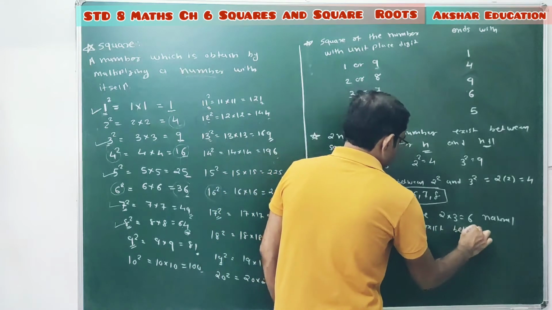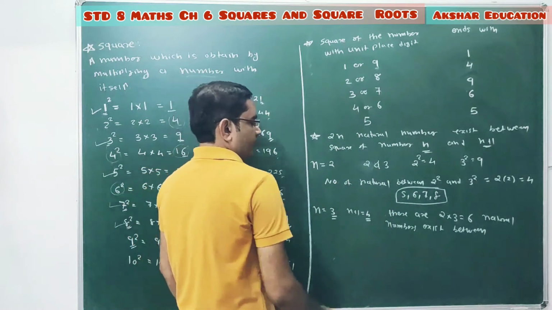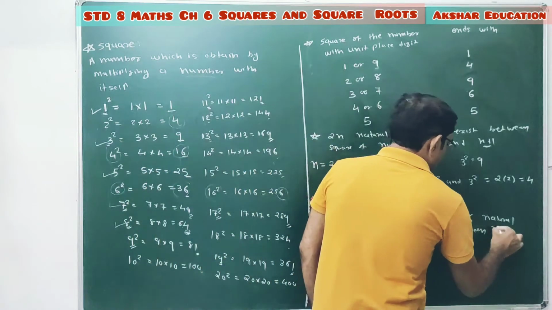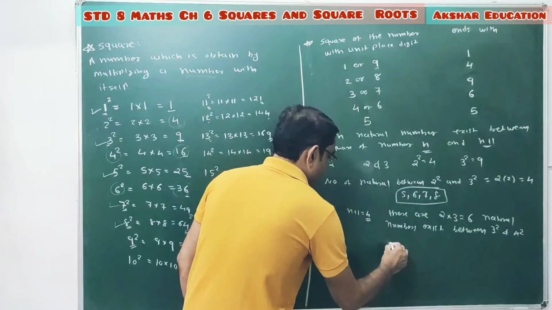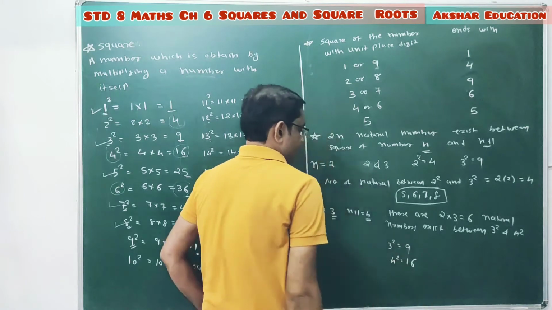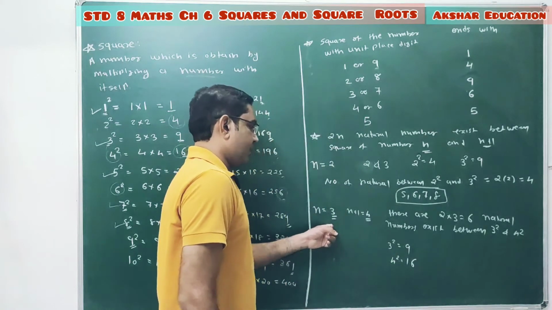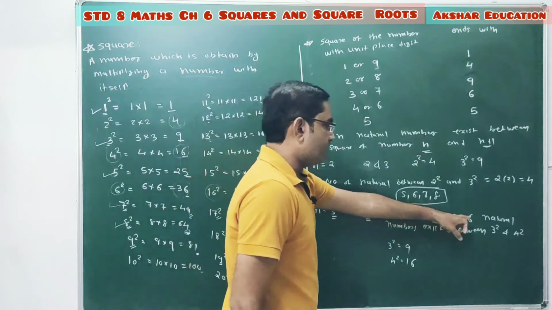Let's check it. 3 square is 9, 4 square is 16. So between 3 square and 4 square, 6 natural numbers exist.